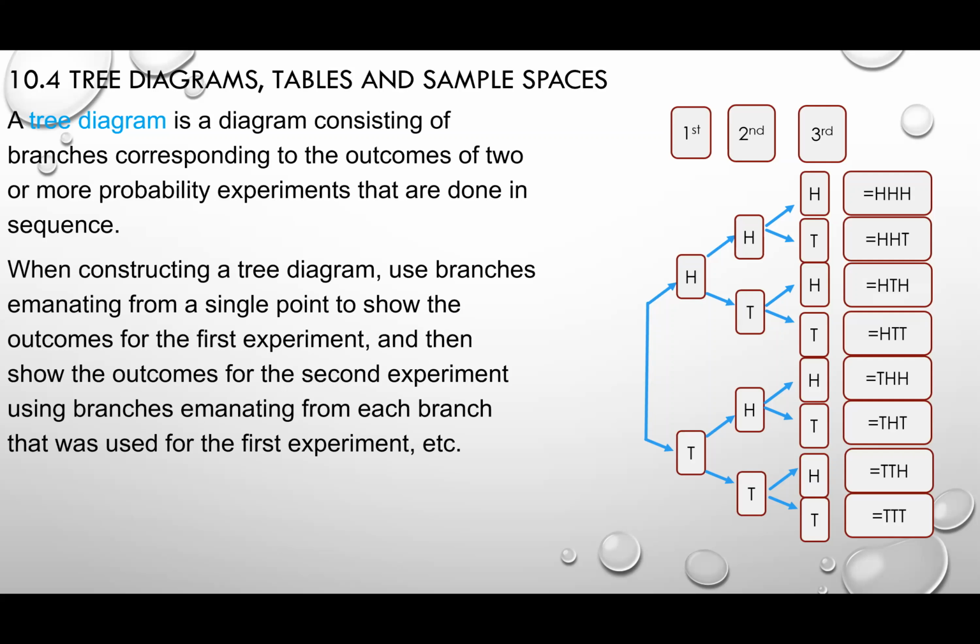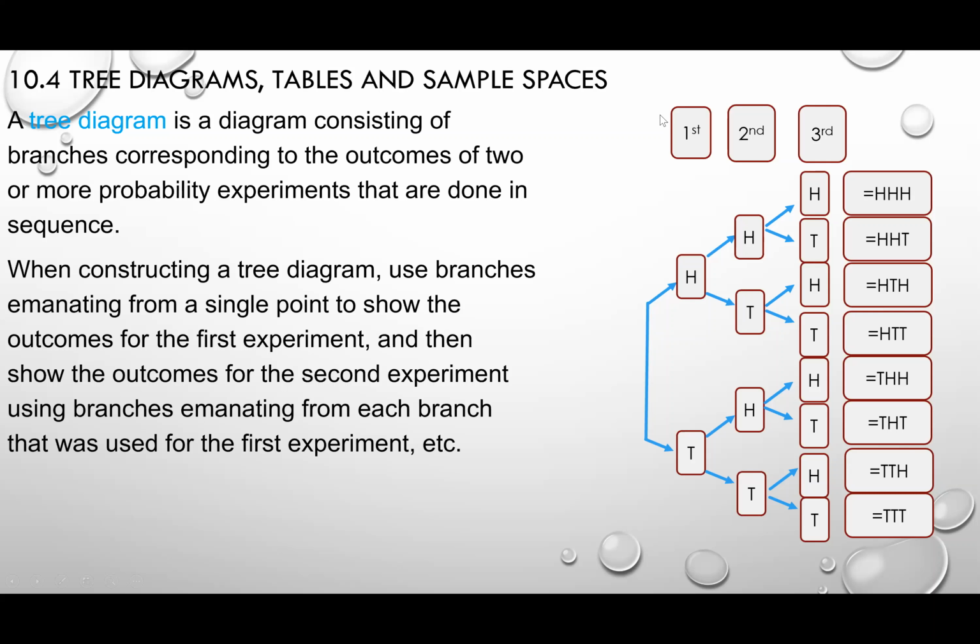The tree diagram just shows you that we start with something and we branch it out until we finish with however many experiments we want to do. Again, what is the experiment? The experiment here is flipping the coin. In this case, we flip the coin 3 times, meaning each time we flip the coin, we have an experiment. And as you will see later, the total sample space that we have is 8.